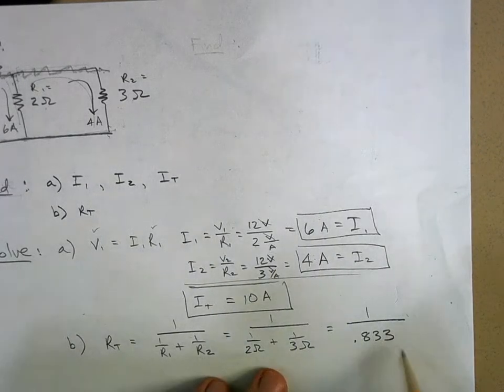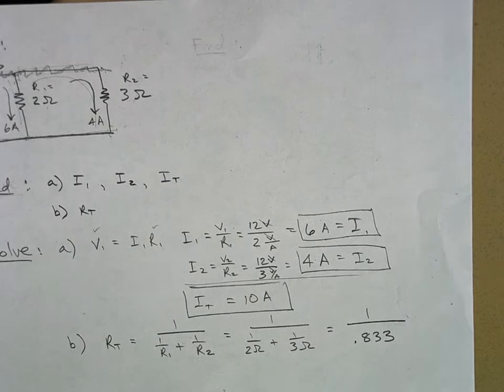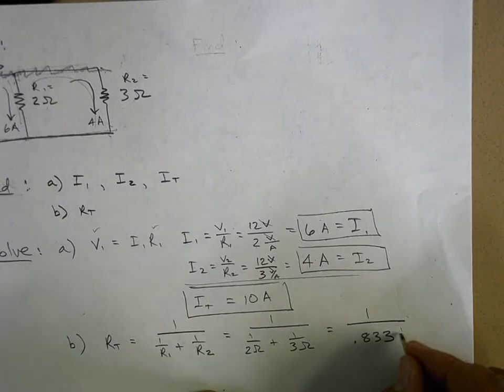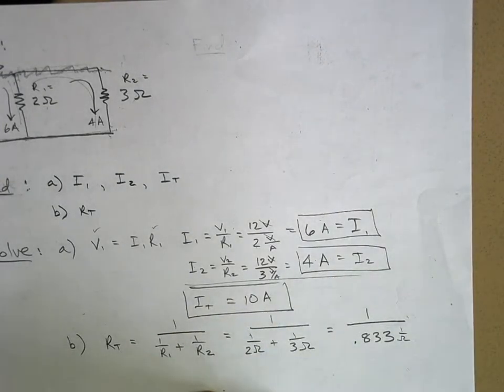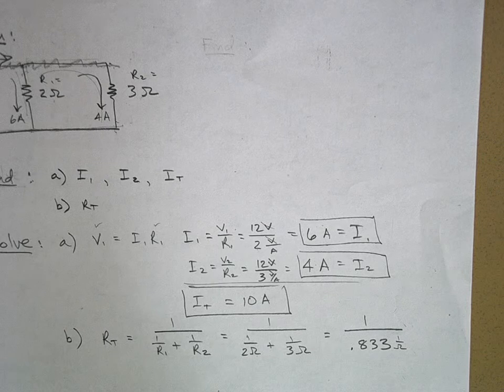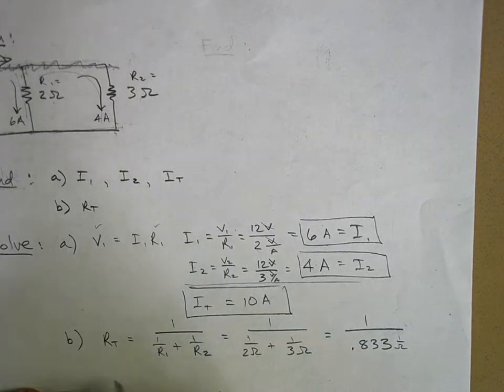And what units are with that 0.833? Say it out loud. What units go with the 0.833? Ohms? It ain't ohms. Look, it's 1 over ohms. That's a big deal, actually. And students make this mistake a lot. They forget to reciprocate. So we got to reciprocate.